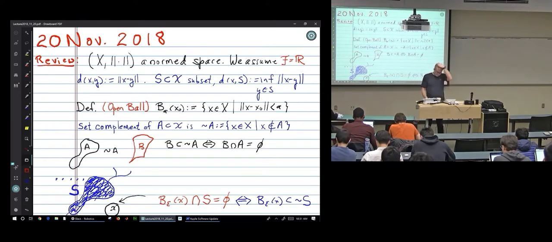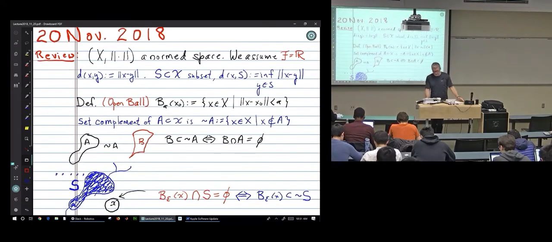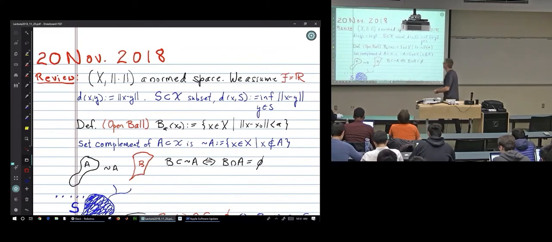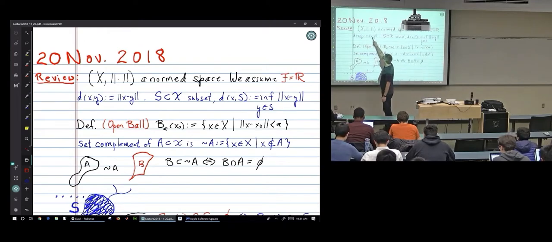So we start by putting ourselves in a vector space where we can know what distance means. So we're doing normed spaces. We could do metric spaces, but this is already abstract enough for us. So we define the distance between two points as the norm of their difference.